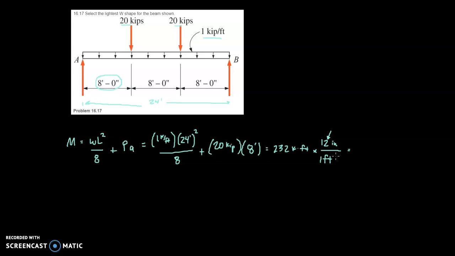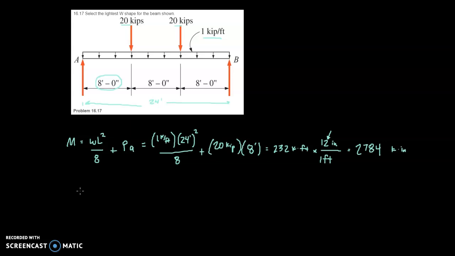That's a really common mistake I see students make. A simple unit conversion problem. So if I take 232 times 12, that gives me 2,784 kip inches. That's my maximum moment.